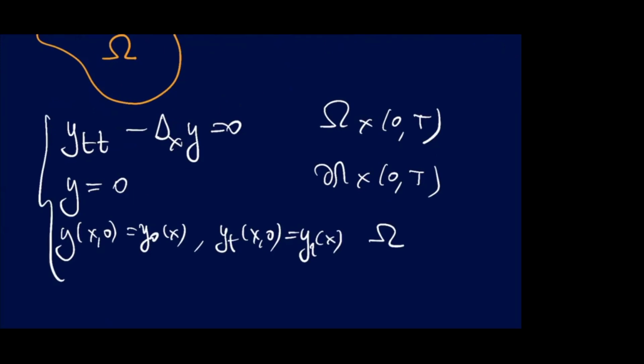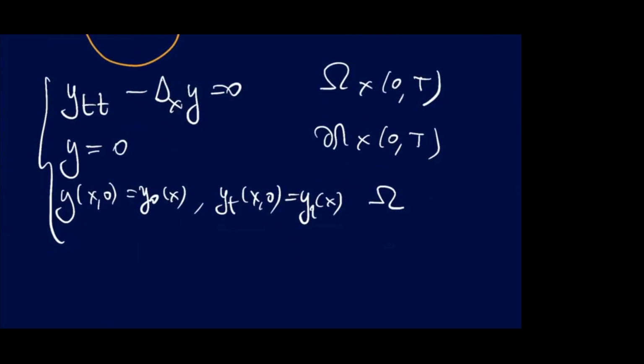Very good. We know that the solutions of this system can be expanded in Fourier series. We know also that the energy of the system is conservative. This is just the harmonic oscillator put in an infinite dimensional context.